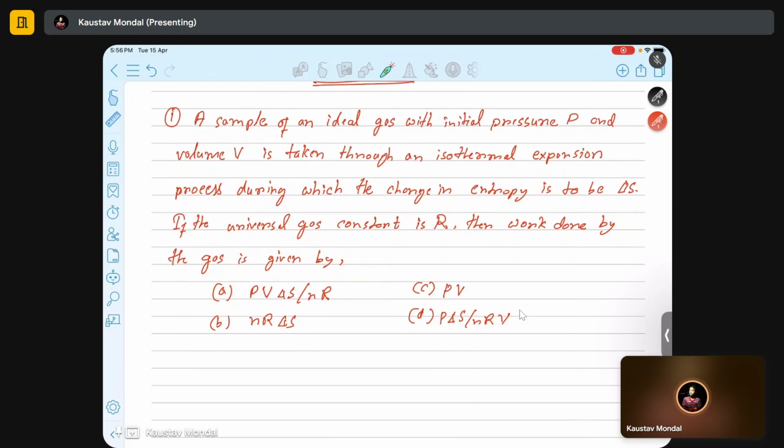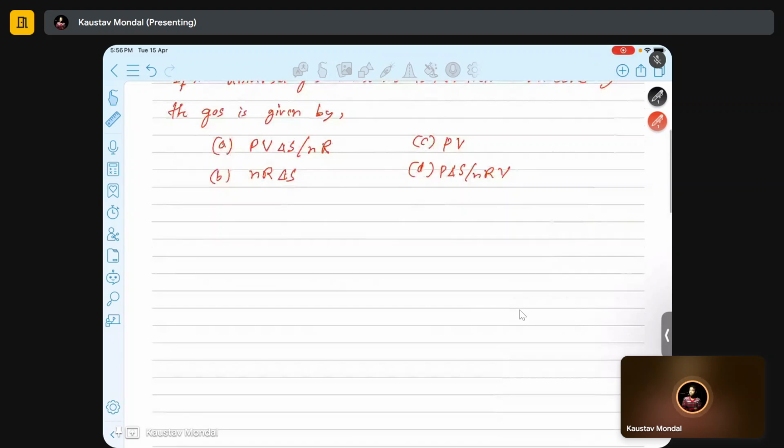We know that the work done by an ideal gas for a quasi-static, that means reversible, expansion or compression is given by this. Firstly, what is the definition of work?